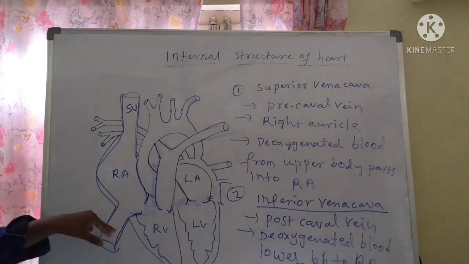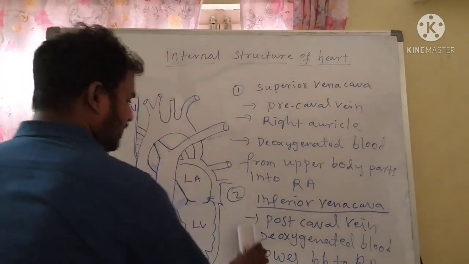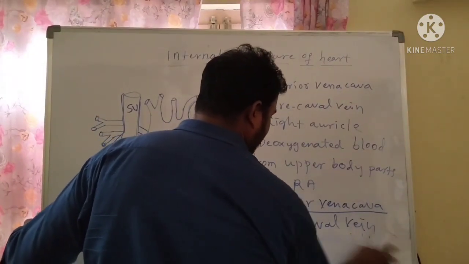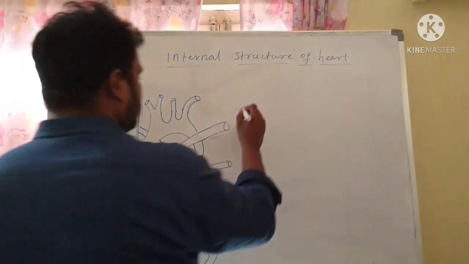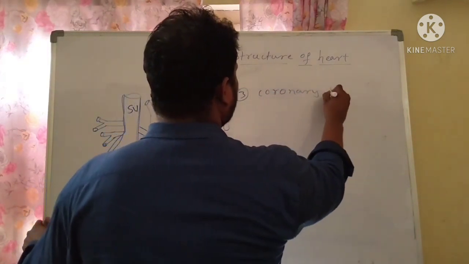So these are the largest veins. And another kind of vein which brings deoxygenated blood into the heart, the third one, is the coronary sinus.